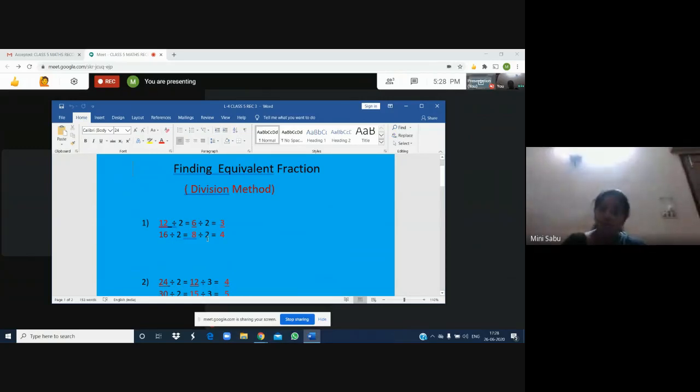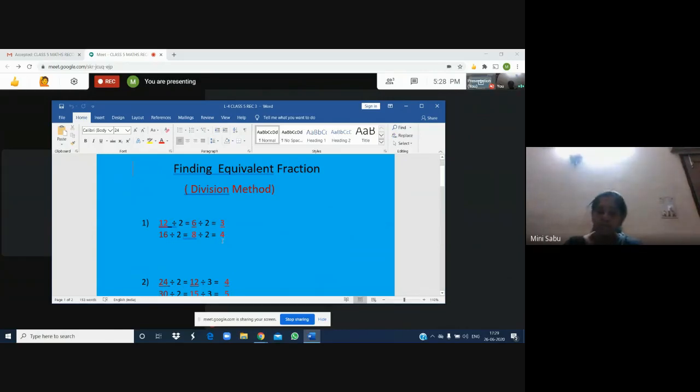So if you want to find more equivalent fractions, you can continue this process of division. 6 divided by 2, half of 6, is 3. Half of 8 is 4. So 3 upon 4 is also an equivalent fraction of 12 upon 16. We can say 12 upon 16, 6 upon 8 and 3 upon 4 are all equivalent fractions.